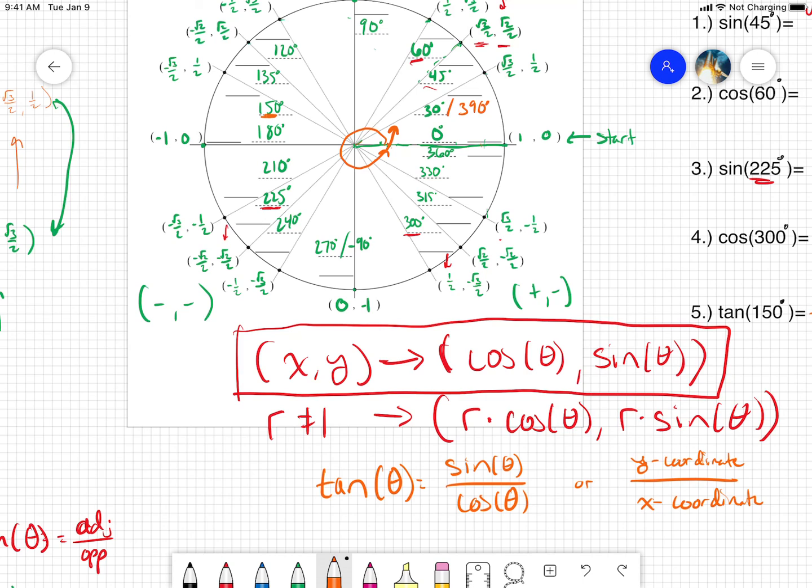So I can keep going around the unit circle as many times as I want to. So if you have some ridiculously large angle, I can still find sine, cosine, and tangent of it because it's a circle, which means it comes back to the same point eventually. Okay? All right, any questions on this?